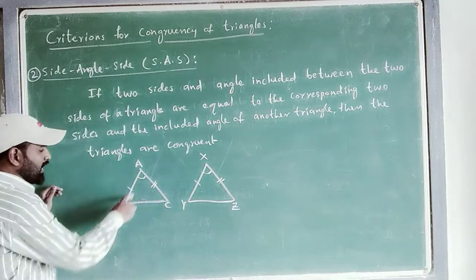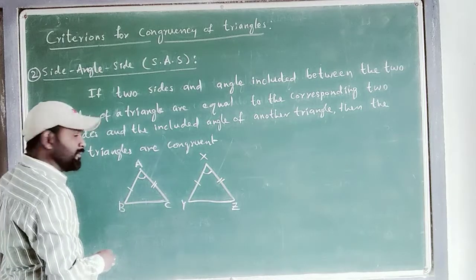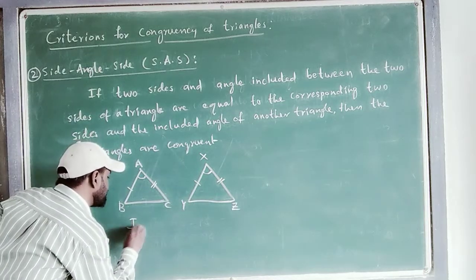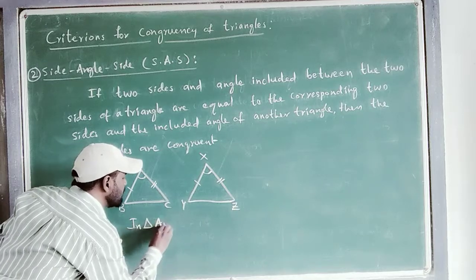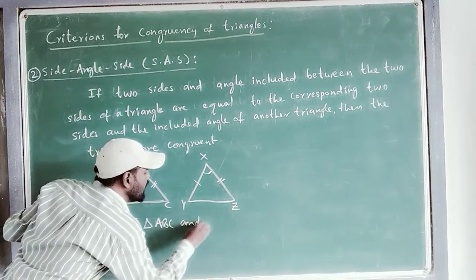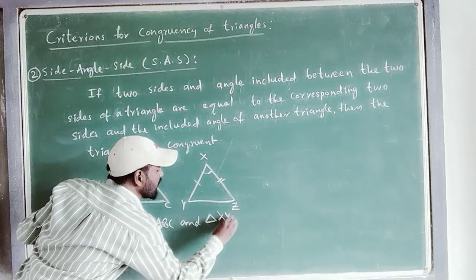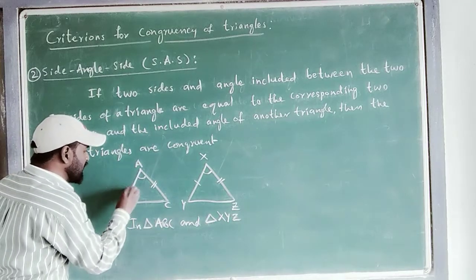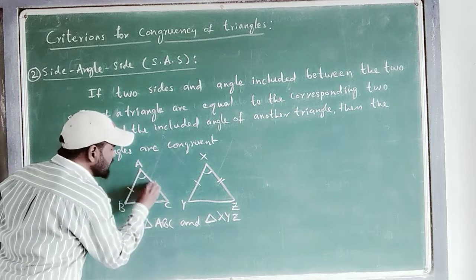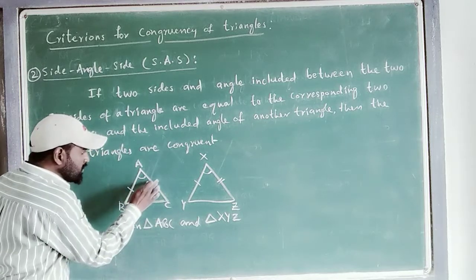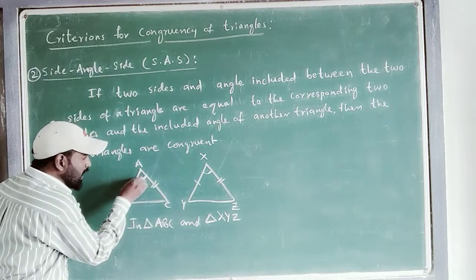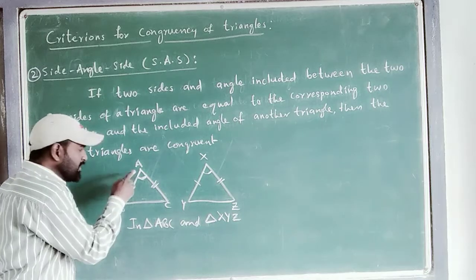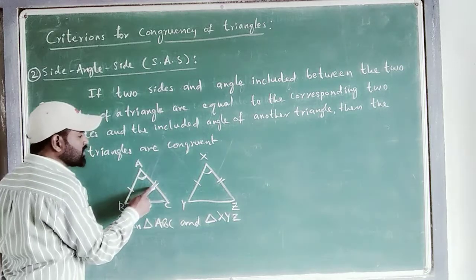Now let us see triangle ABC and triangle XYZ. You can see in triangle ABC, AB is one side and AC is another side. Between these two sides, angle A is there. That means this angle is included by these two sides.